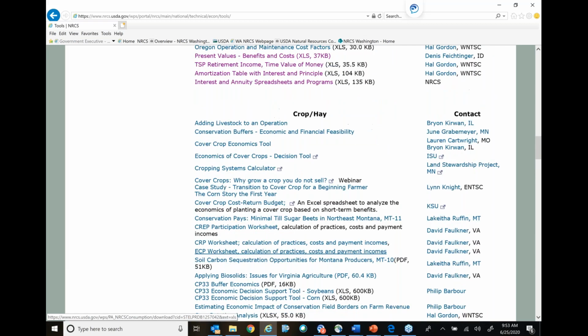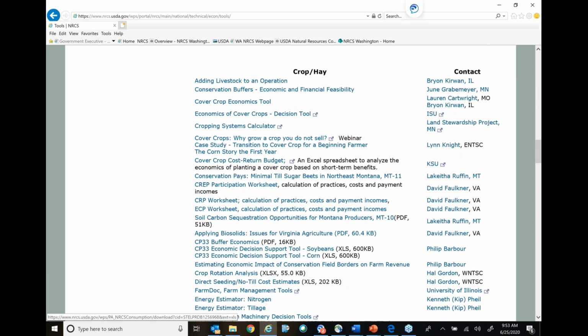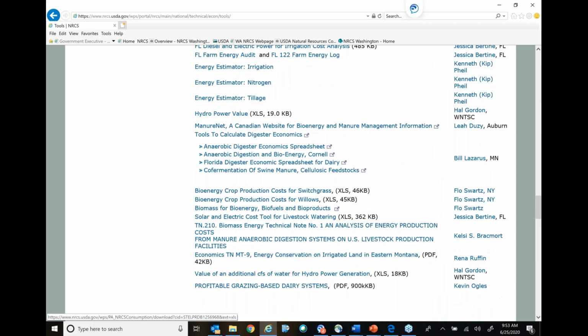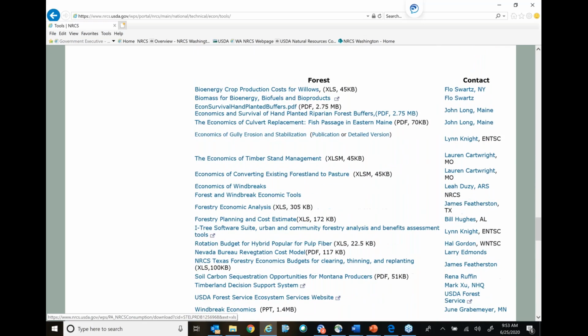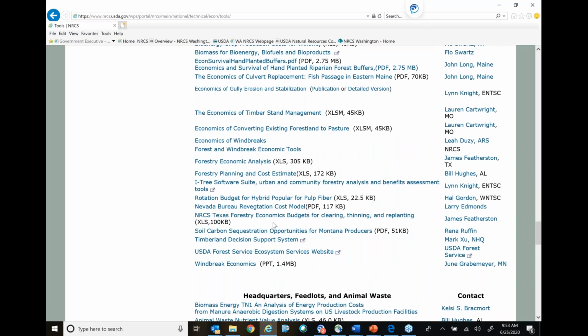And it's based, look, crop and hay, irrigation, energy, forest, my love, forest right there. So that's pretty much it.